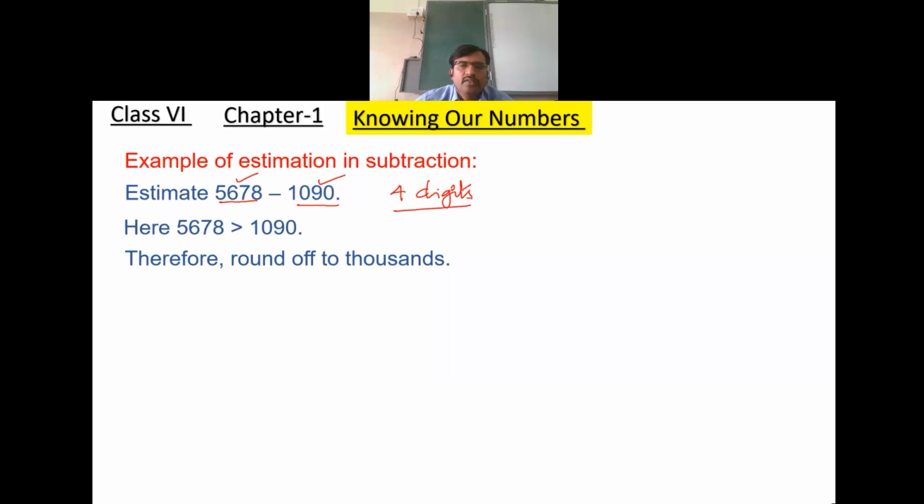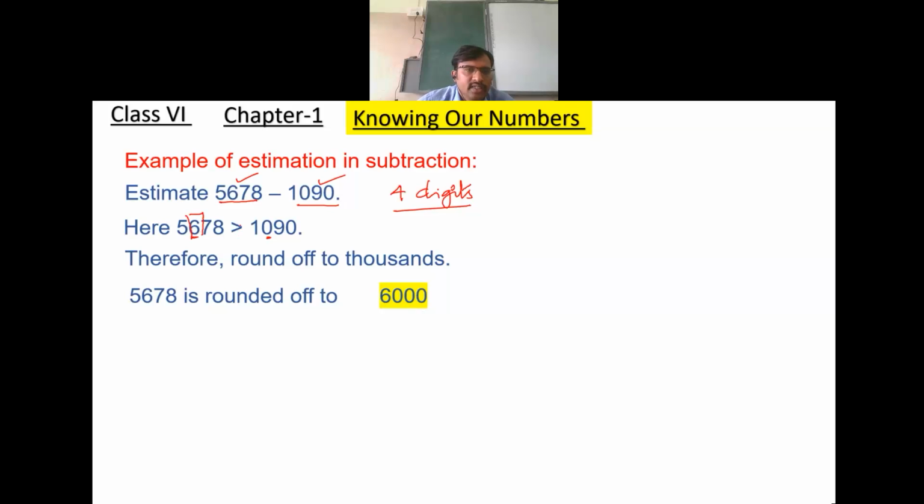Since both have 4 digits, we will round off to the nearest 1000. So we have to look at the hundreds place. Here the hundreds place is 6. Here the hundreds place is 0. When we round off 5,678, it becomes 6,000, because the digit 6 is larger than 5.